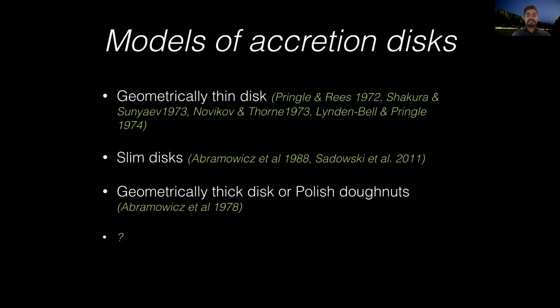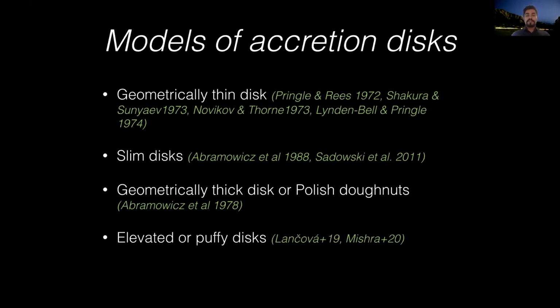Geometrically thin disks and slim disks are both optically thick flows. The difference is that slim disks are advection dominated, while geometrically thin disks are not. The geometrically thick flows are broadly studied, and they are much easier to simulate compared to geometrically thin or slim disks.